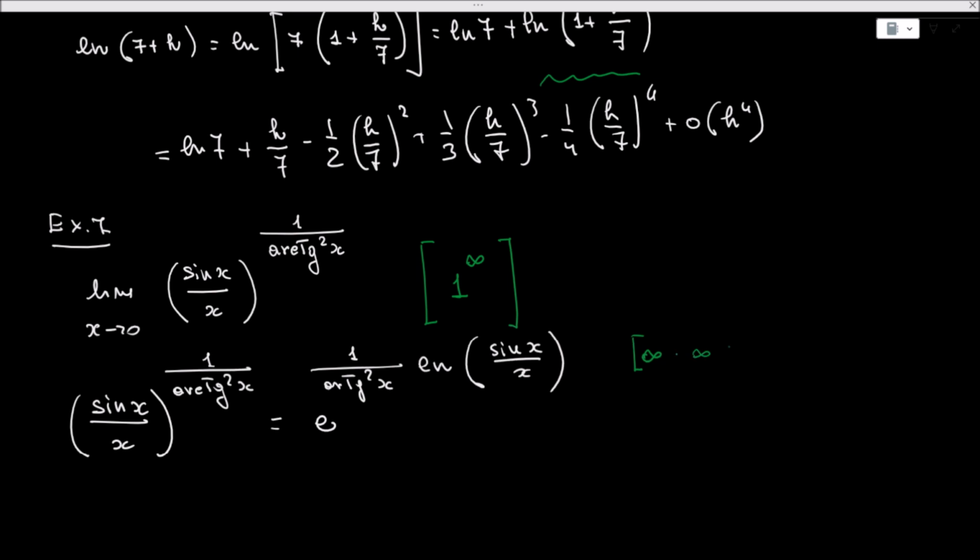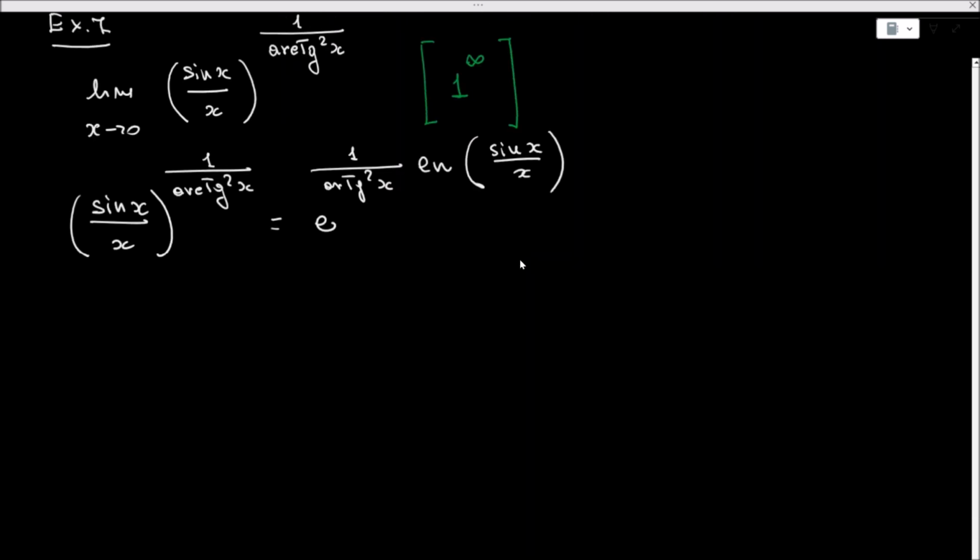So we don't know exactly how this will work, right? So we would like to apply the Taylor polynomials, the expansions. Okay, so let's start by expanding sine of x.